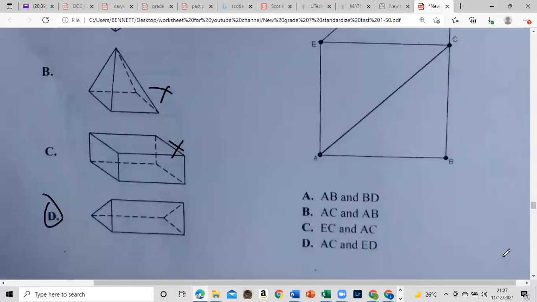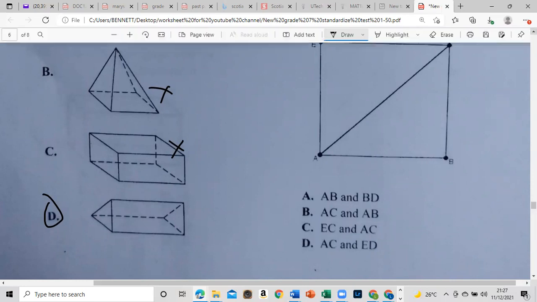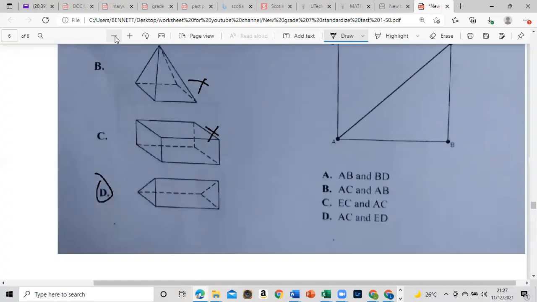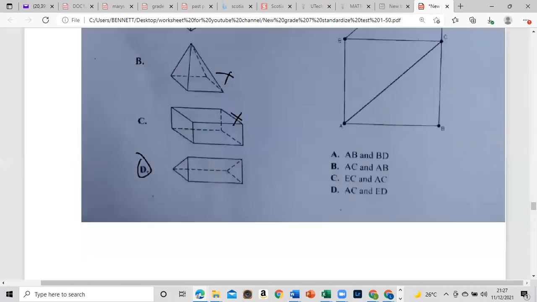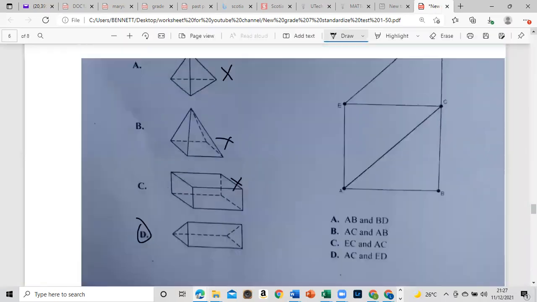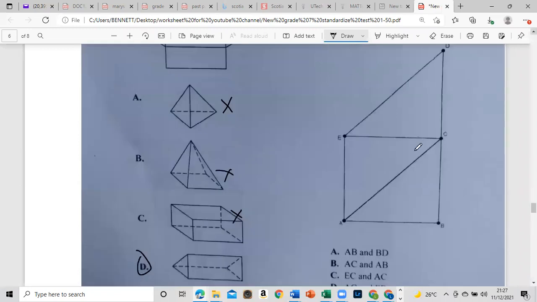I'm going to have to minimize it so we can look at it. AB, this is this one, and BD, no, that's not it. AC and AB, no.